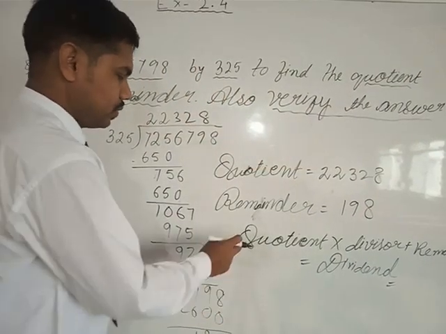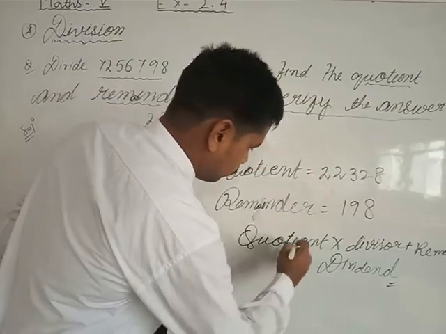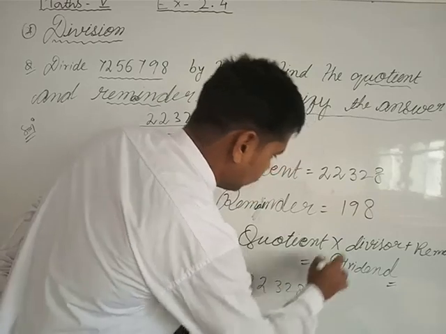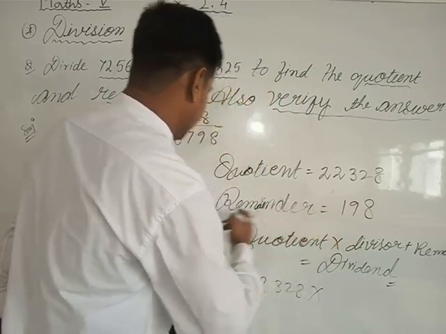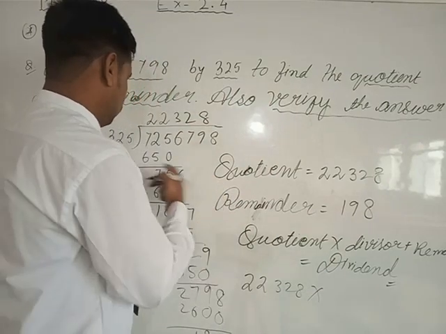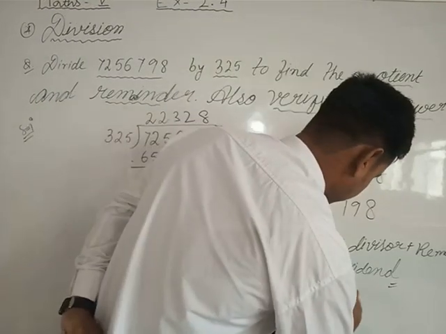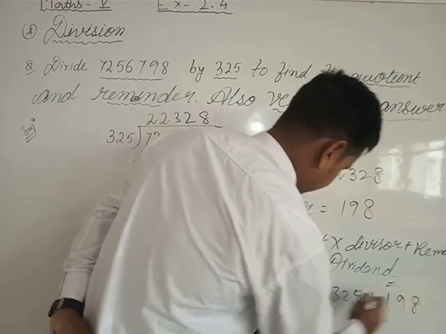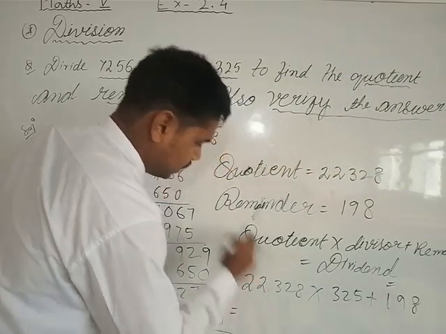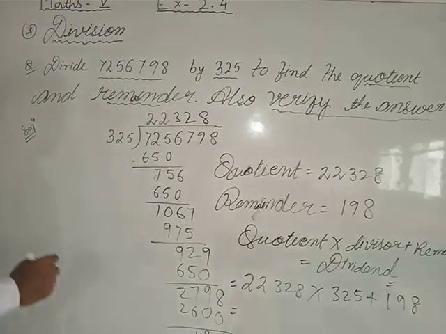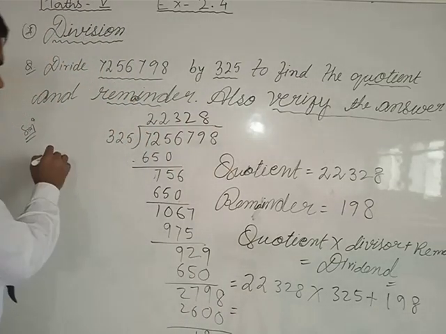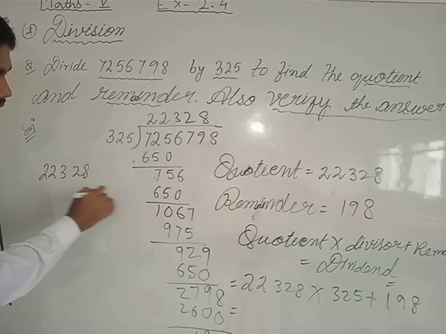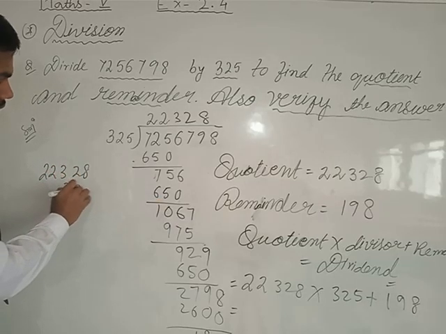So let's set: quotient is 22328, multiplied by divisor 325, plus remainder 198. So let's check this: 22328 multiplied by 325.